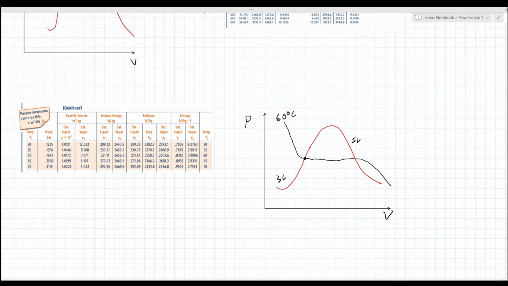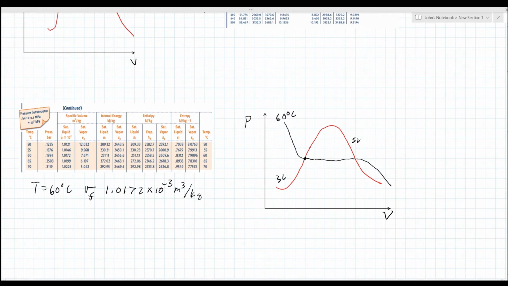Here at the saturated liquid, you're going to have VF times 10 to the third. That just means it is 1,000th of what this value states. So like I said, if my temperature is 60 degrees Celsius, my specific volume at saturated liquid is 1.0172 times 10 to the negative 3 meters cubed per kilogram.